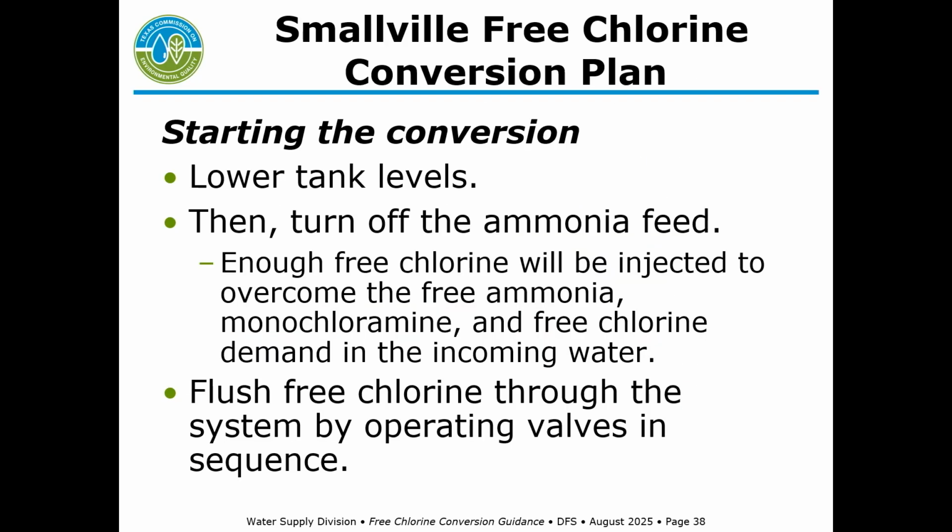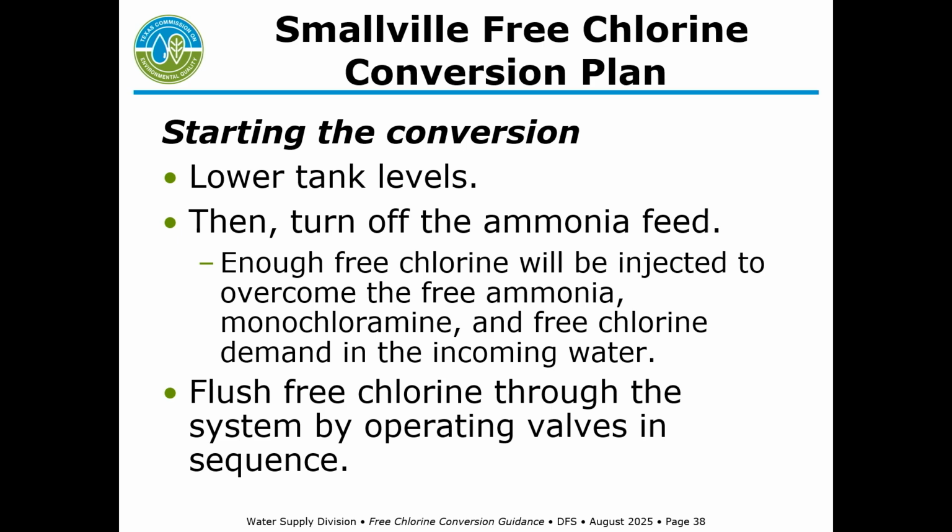So when you're starting your conversion, first thing you're going to do is lower the tank levels, and then if this is a case where you can just turn off the ammonia feed, you just need to make sure you're injecting enough free chlorine to overcome any free ammonia, monochloramine, and free chlorine demand that's coming in the water, whether you're purchasing it or raw water.